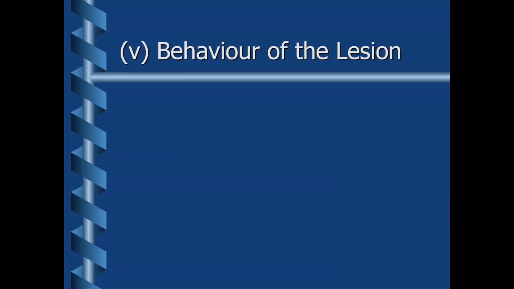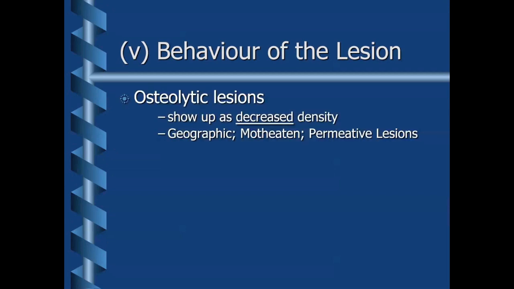The fifth issue we're going to cover is the behaviour of the lesion, and this relates to what the lesion looks like. Essentially there are osteolytic lesions which show up as decreased density, and that might be geographic, so it might be shaped like a country. It could be moth-eaten, which will have all little holes through it, well, that's the appearance of it.